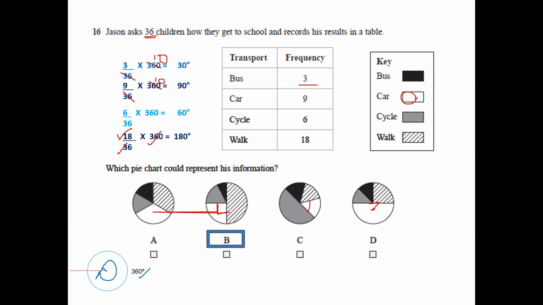For that also you can get 180 degrees. So walking is represented by this design. Here you can see in the second answer, it is 180 degrees. Walk is represented by 180 degrees. So the second one, or B, is the correct answer.